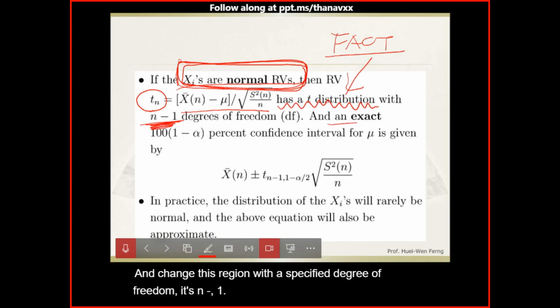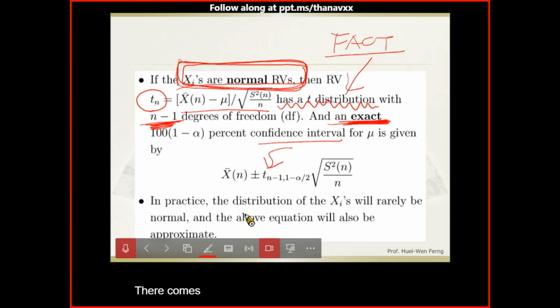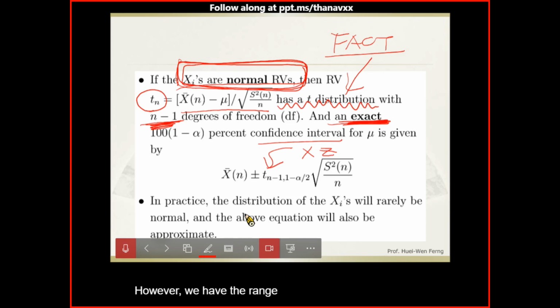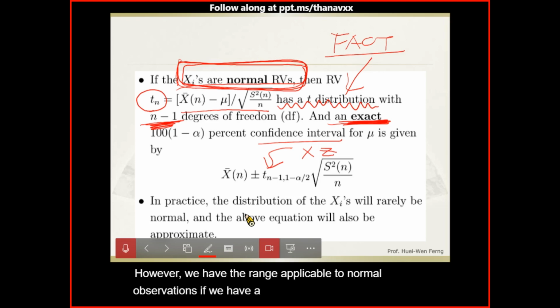So the exact confidence interval should follow T, but not Z. Right? For this reason, we can have a T rather than Z. However, this applies to normal observations. If we have normal observations, then we can use the T distribution, and with the T distribution we can have the new confidence interval.